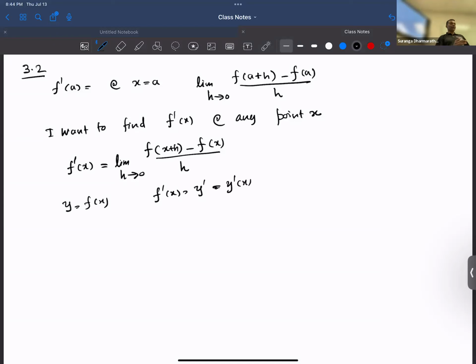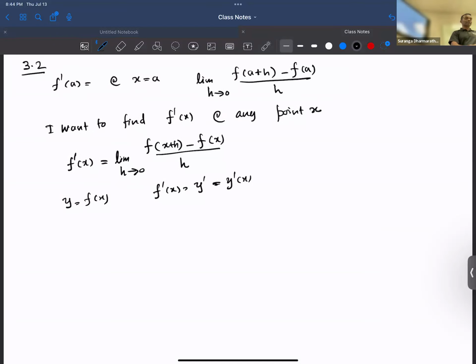Same thing, f prime x is denoted by y prime or y prime x. When you draw graphs early in grade school, middle school, maybe high school, with y and x, instead of y you can write f of x. Same thing, okay?